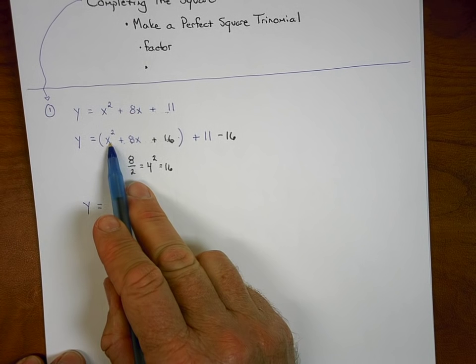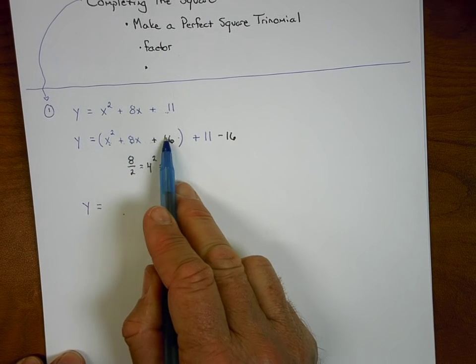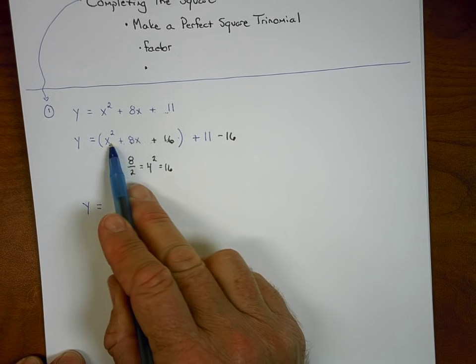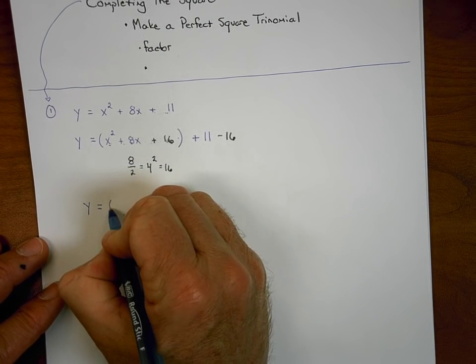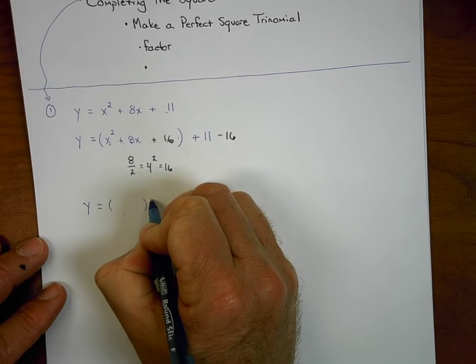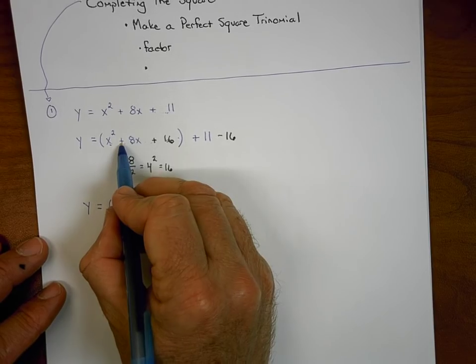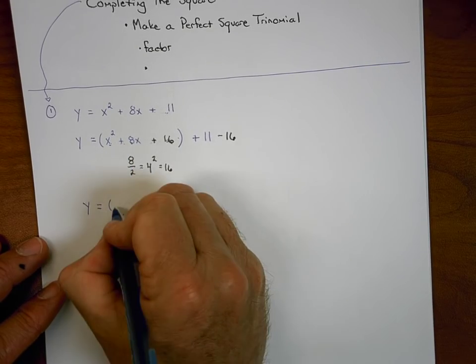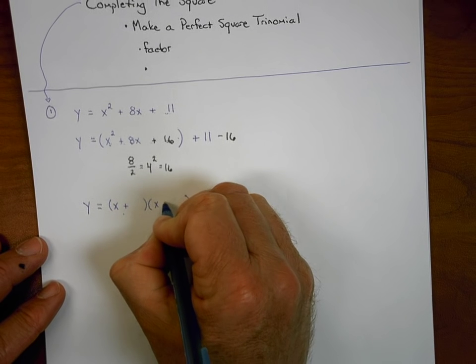Okay, so now I'm going to factor what's inside the parentheses here, that trinomial. Okay, how do we factor a trinomial? Well, remember, a trinomial always factors into two binomials. And since this trinomial is a plus plus, this means my factors are going to be x plus and x plus.